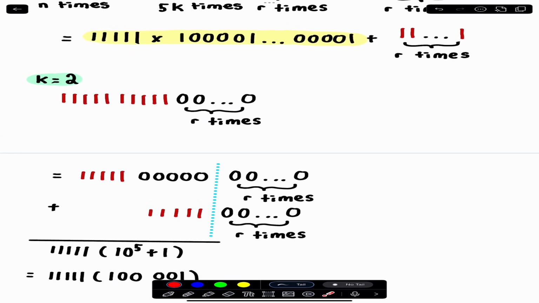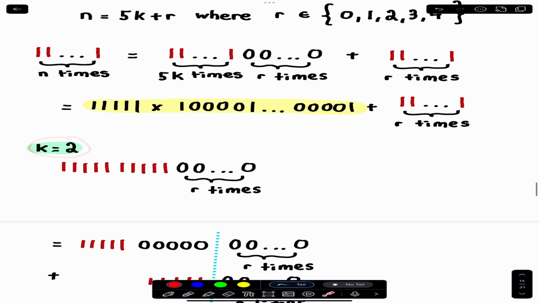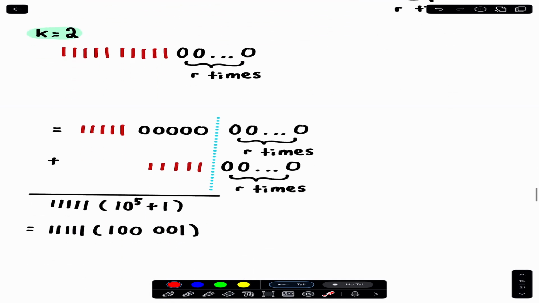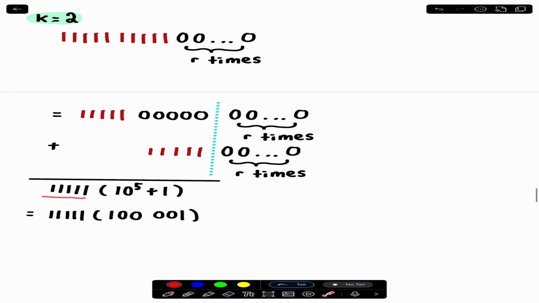Keep in mind, this was just the specific case for k equals 2, but in the more arbitrary case, k does not have to be restricted to 2. K can be any number, and then basically all we're doing is this column-wise addition, breaking the number up and then adding them column-wise, factoring this number out.